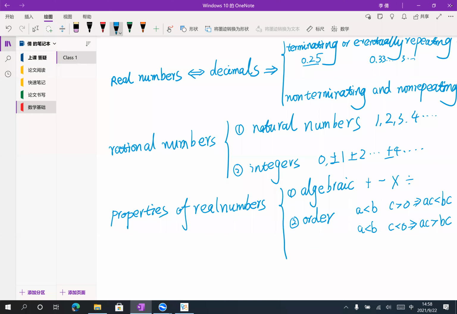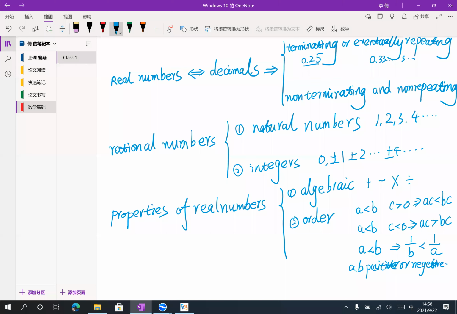And then if A is smaller than B and A and B are both positive or both negative, we will get 1 over B is smaller than 1 over A, right?